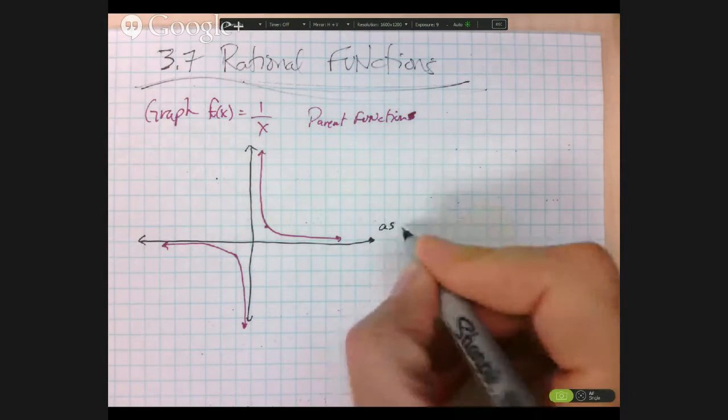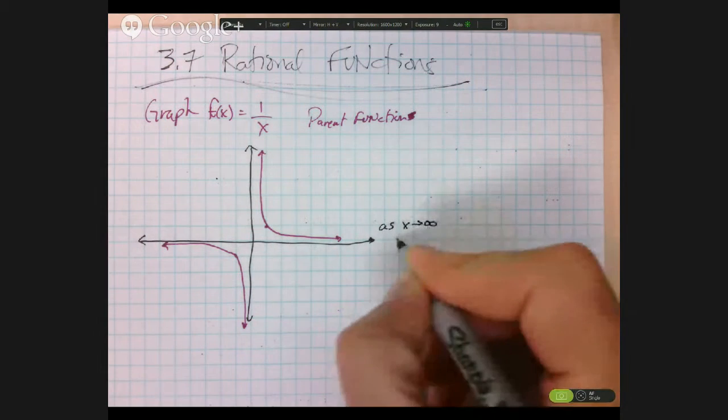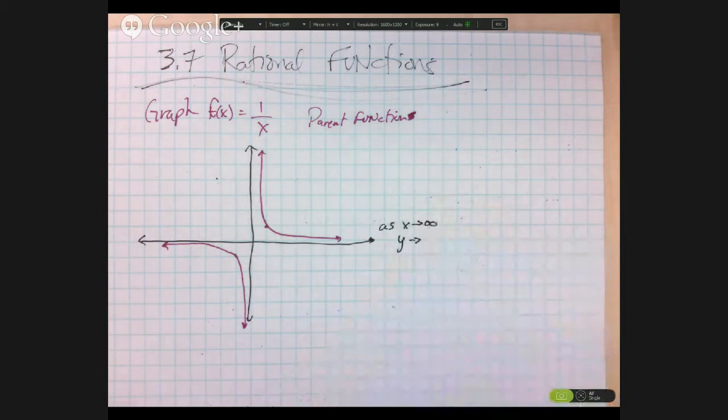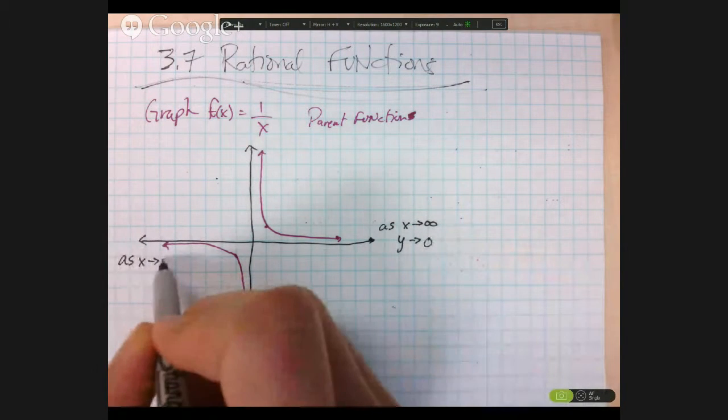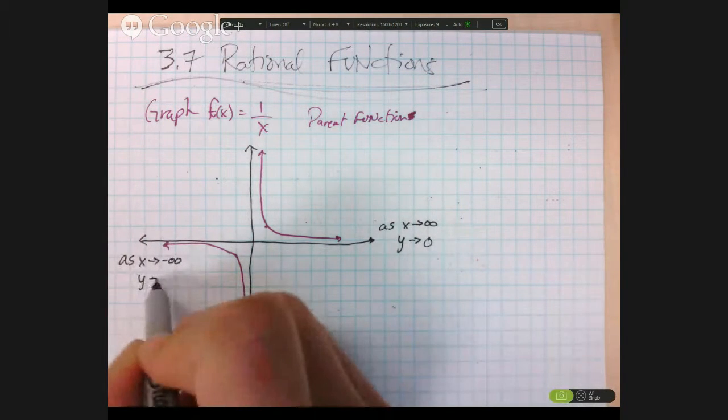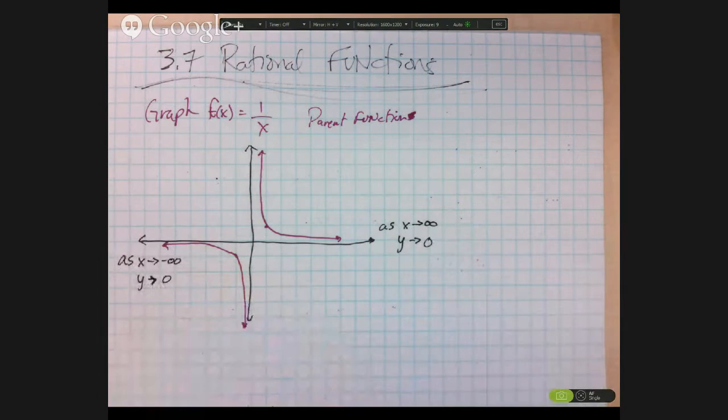So if we're going to talk about end behavior, as x approaches infinity, what does y approach? 0. And negative infinity is the same.